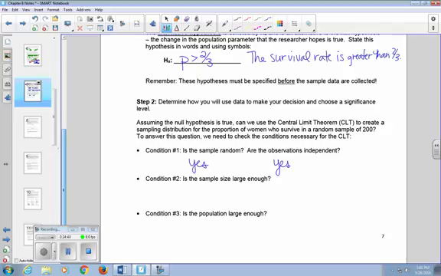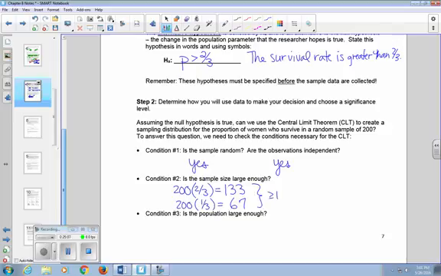Condition number 2, check our sample size. And our sample size is 200. Our hypothesized value is 2/3. And if we calculate this, we get roughly 133. If we do our sample size times 1 minus P, we get 1/3. And then again, times it by 200, we get roughly 67.